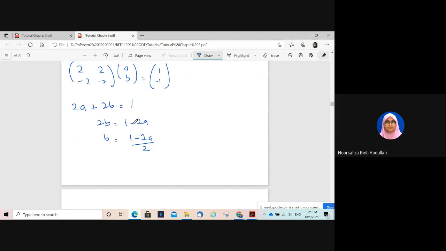So this one is B equals to 1 minus 2A, divided by 2. If we let A equals to S, then B equals to 1 minus 2S over 2.